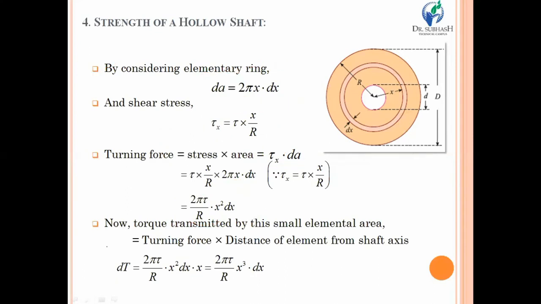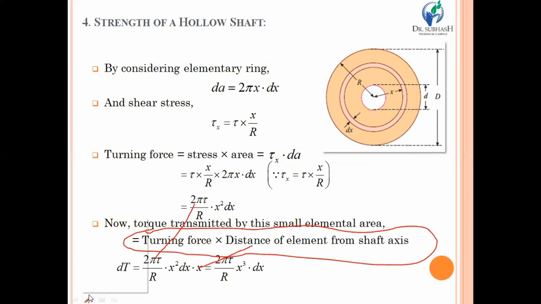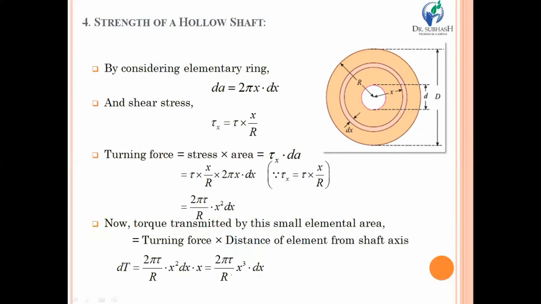Once you have derived the turning force equation, it is very easy to calculate torque, and torque is equal to turning force into distance from the center of gravity, or we can say the central axis. So by putting the relevant values of turning force and the distance, that is x, and simplifying, it will give us a new relation, 2 pi tau upon capital R x cube into dx.